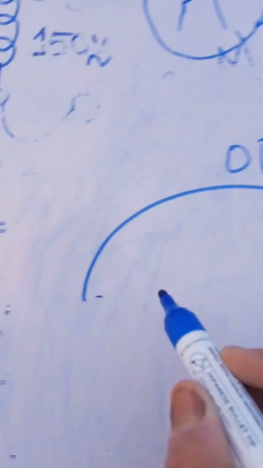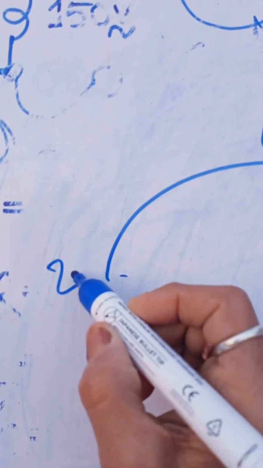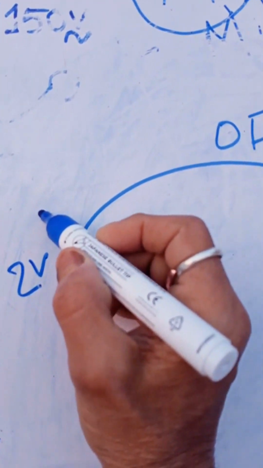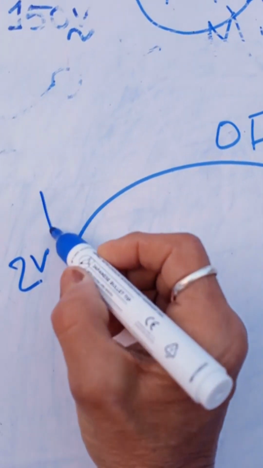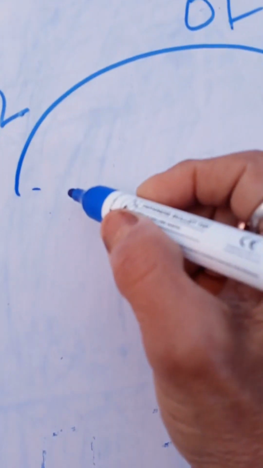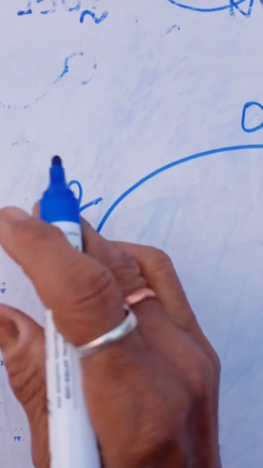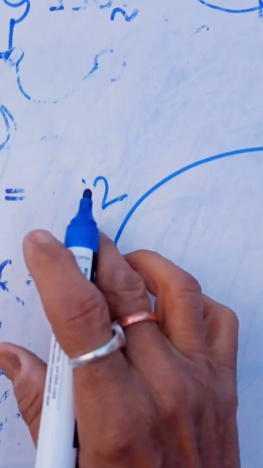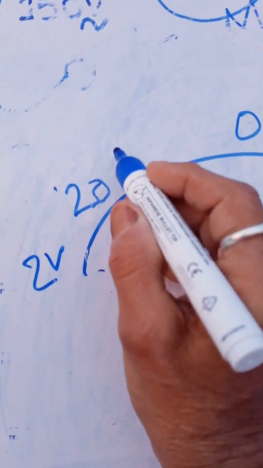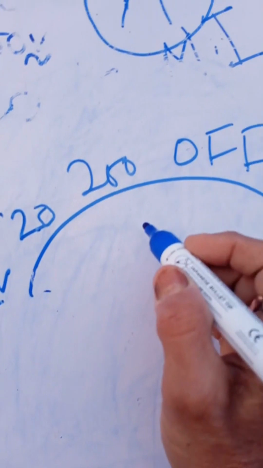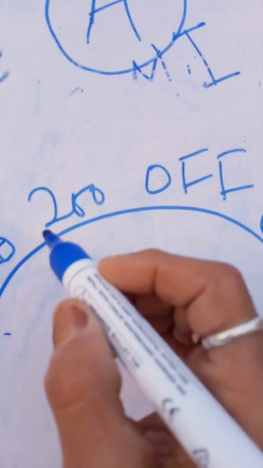This is the AC, and the DC 2 volt, here 12 volt, 20 volt, here 200 volt, and here 600 volt.